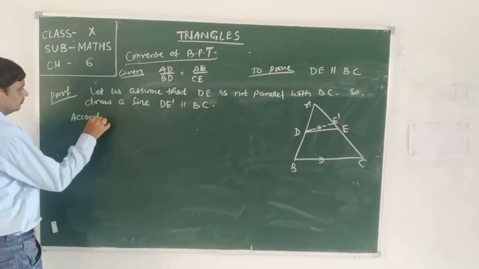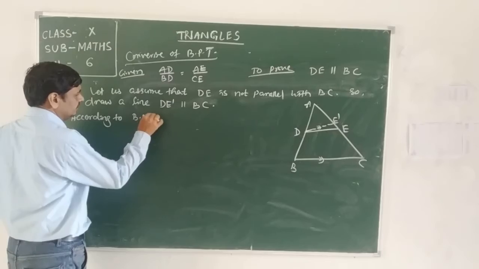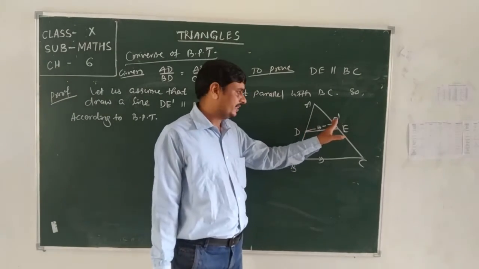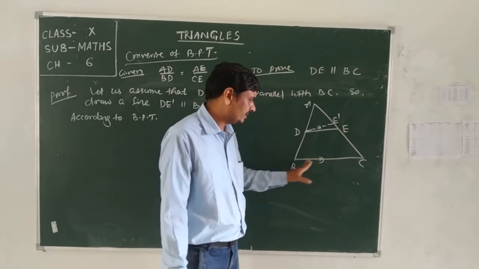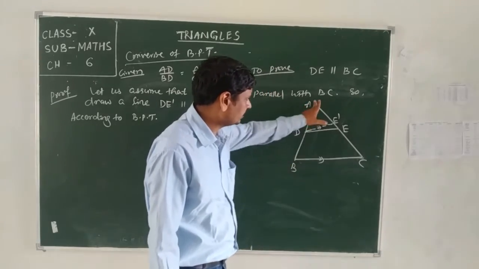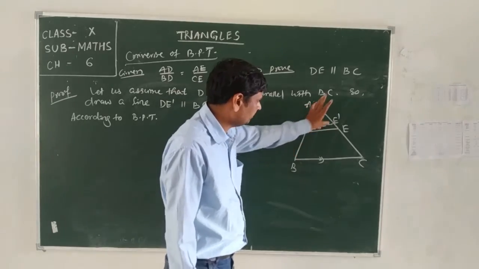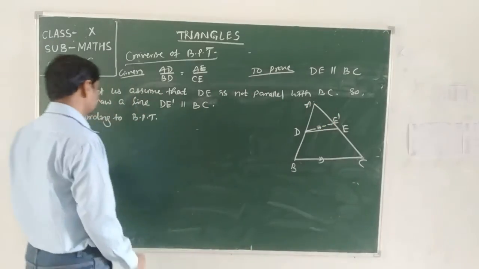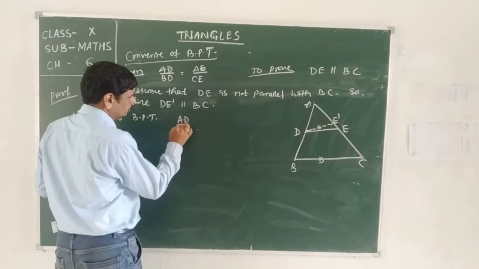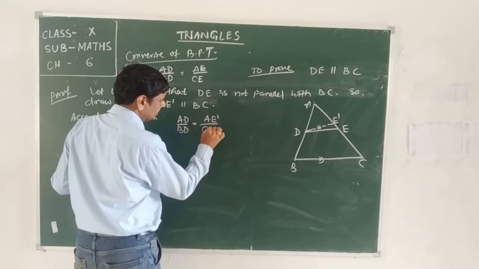According to the basic proportionality theorem, since a line DE dash is drawn parallel with one side of this triangle ABC, which intersects the other two sides at distinct points D and E dash, then the other two sides will be divided in the same ratio. AD by BD equals AE dash by CE dash.